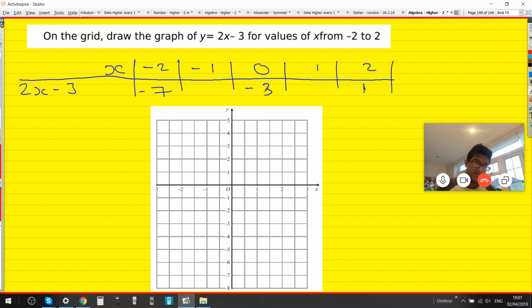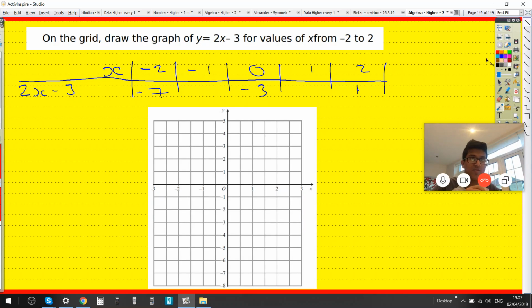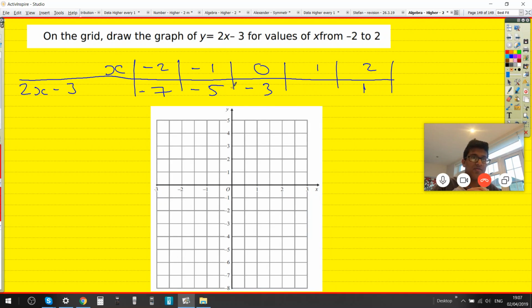Okay then. So if you fill out the table, going from left to right, I got minus 7, and then minus 5 after that, and then minus 3, and then minus 1, and then 1.